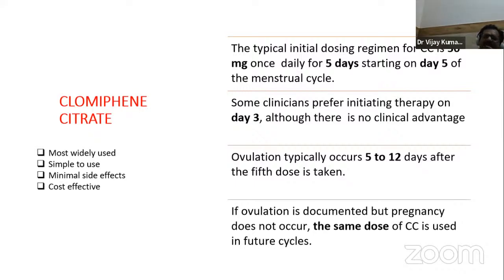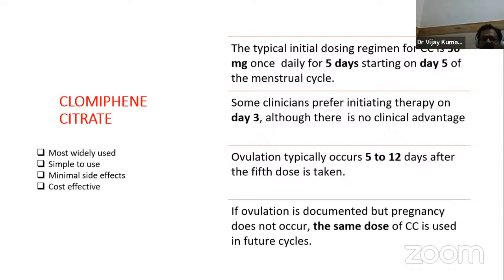Although the textbook mentions that it has to be started on day 5 of the menstrual cycle, most practitioners nowadays start clomiphene citrate from day 3 of the cycle, and some consultants start it on day 2 itself. Usually the ovulation occurs 5 to 12 days after the 5th dose is taken.